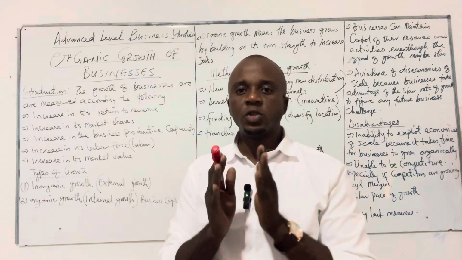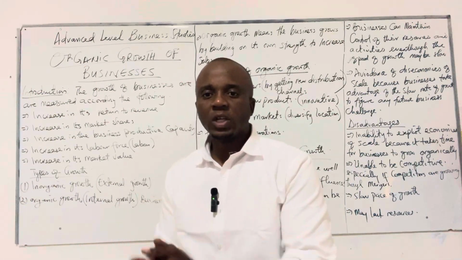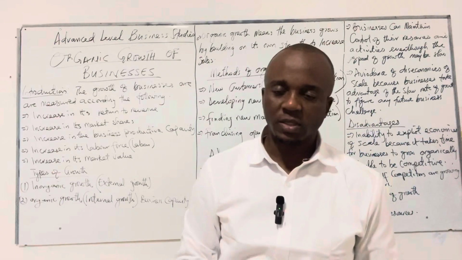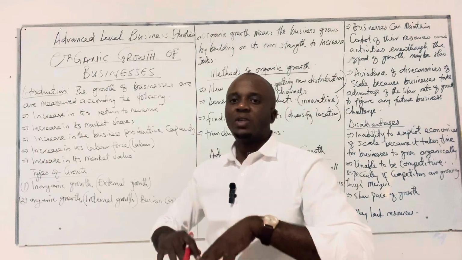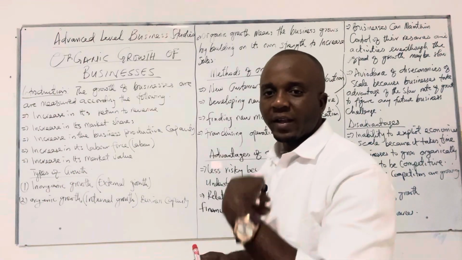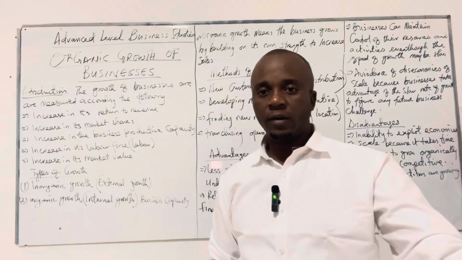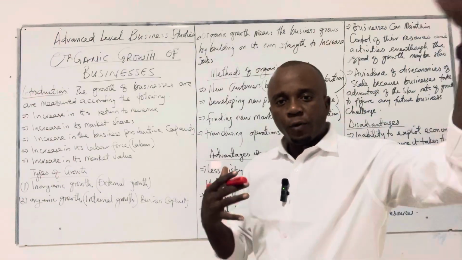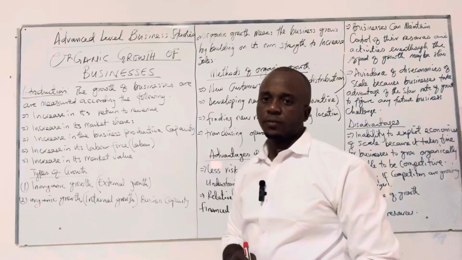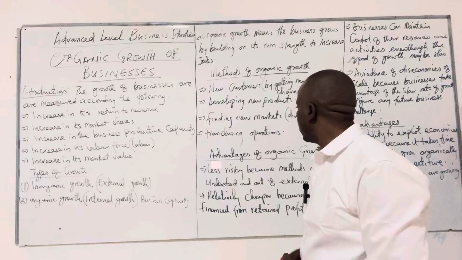This is how businesses grow from local businesses to national businesses to transnational or multinational businesses. So they try to diversify their market by finding new markets where they can sell their product. Of course, if they find new markets, the demand for the product in that area will increase the sales of the product. That's the third way businesses can grow.